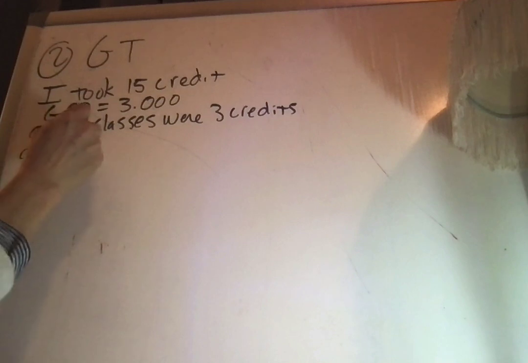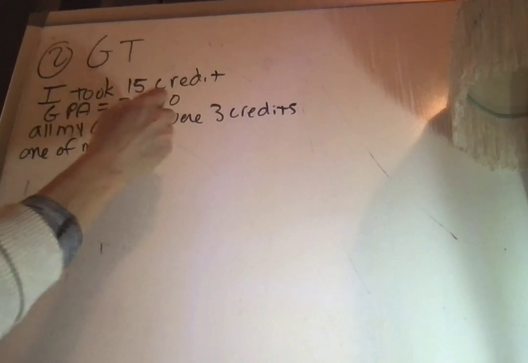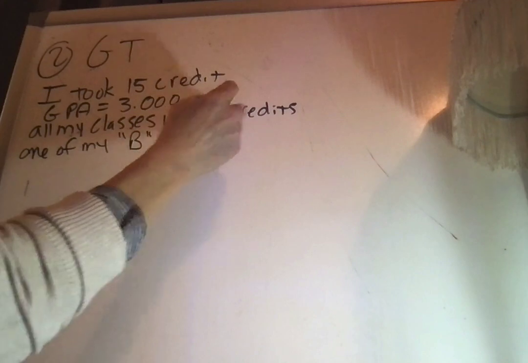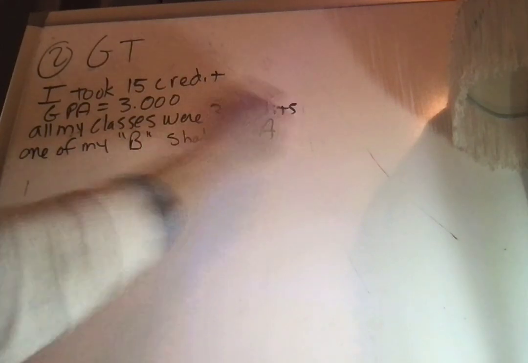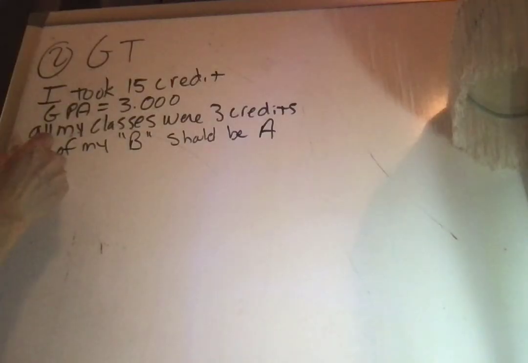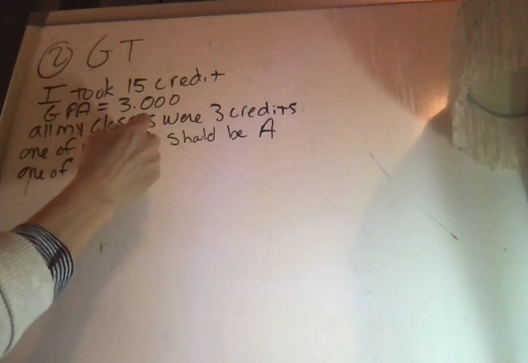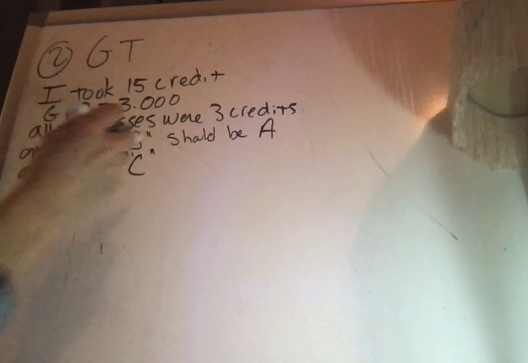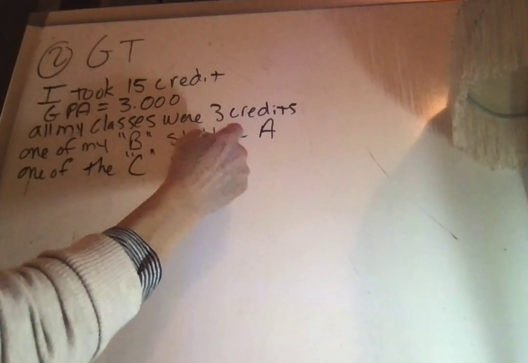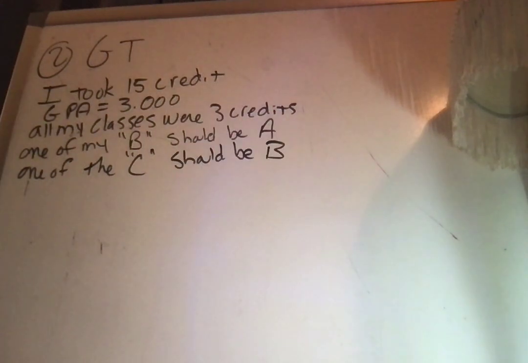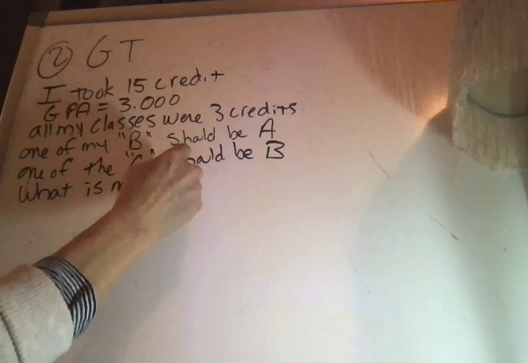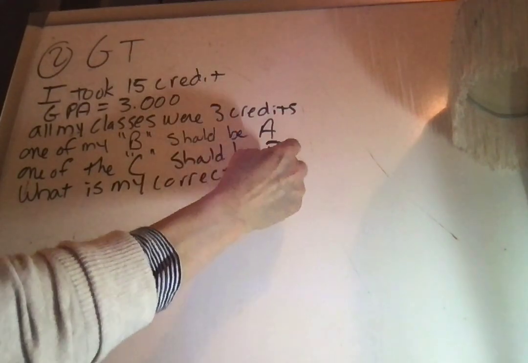One of my B's should have been an A, and then one of the C's, although I think it was my only C, but one of the C's should have been a B. So once I got both my professors to make the grade change, what was my correct GPA for that semester?